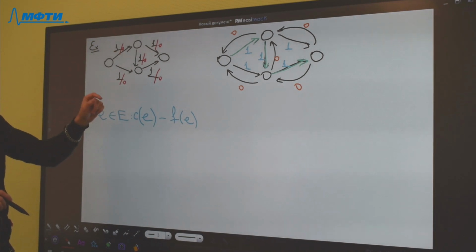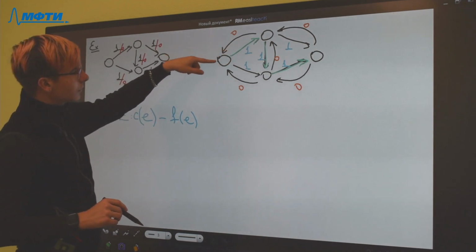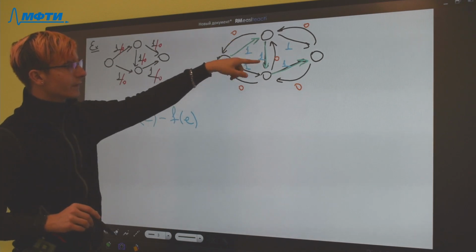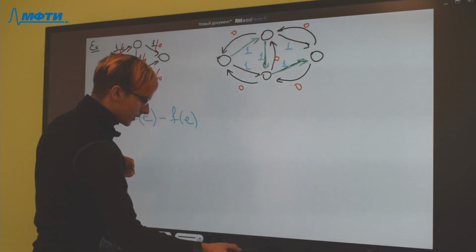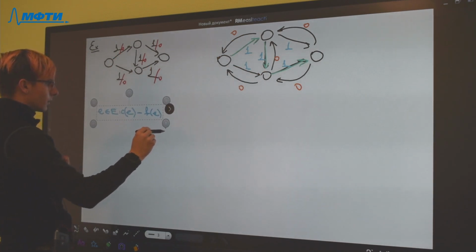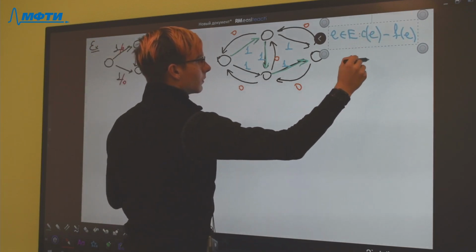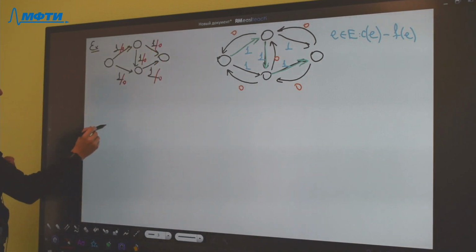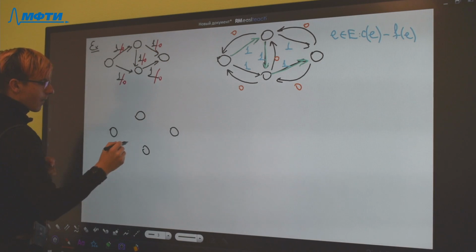Then we say that we can increase our flow along this path. And then we get a new flow in our network.